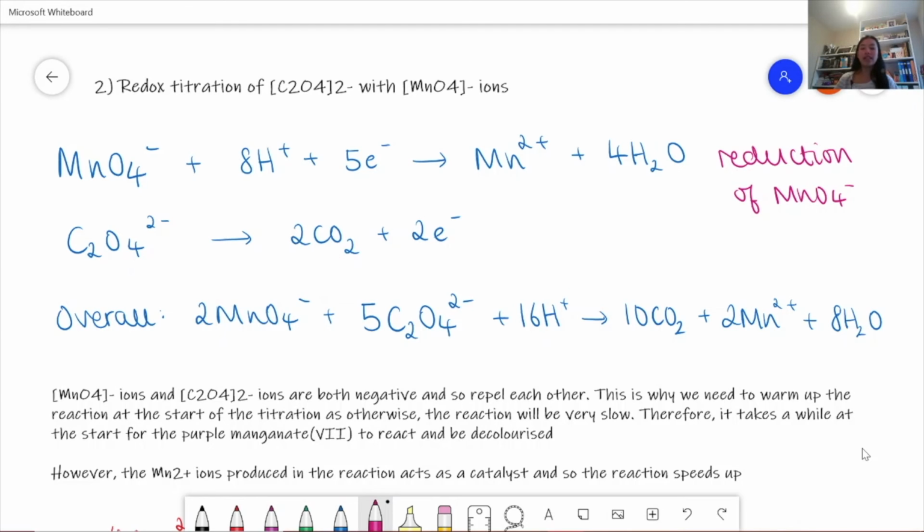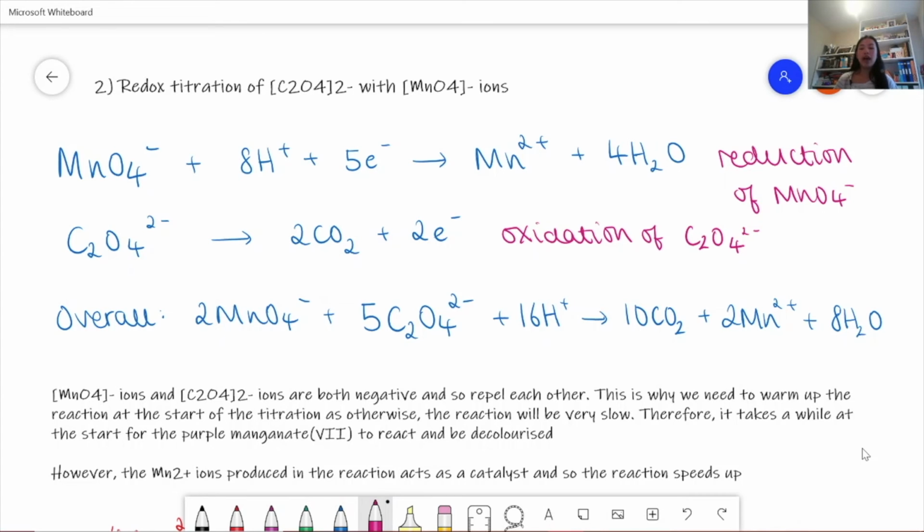And the ethane dioate ions are oxidized because they lose electrons to form carbon dioxide. So we have the oxidation of the ethane dioate. And so again, the manganate is acting as an oxidizing agent.